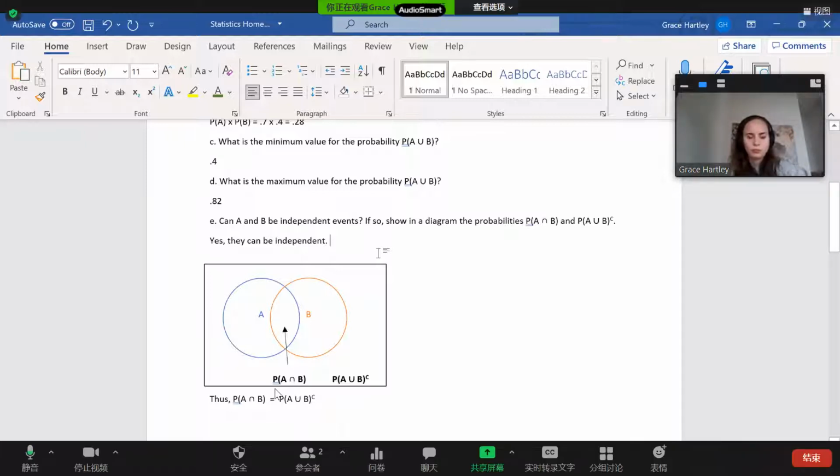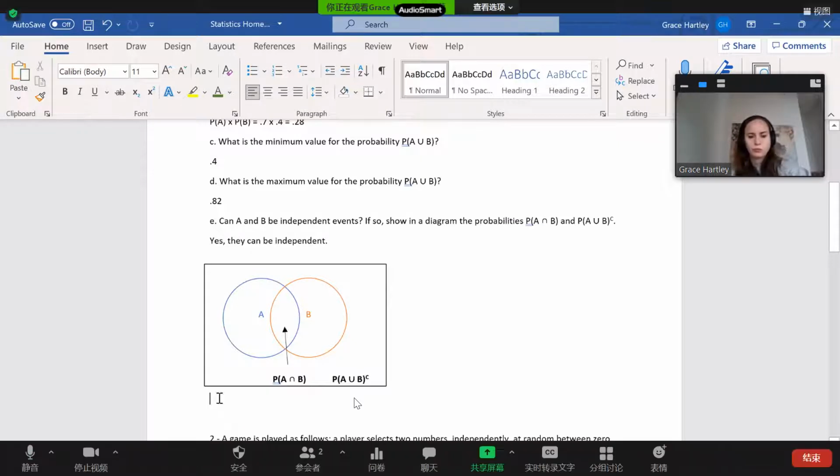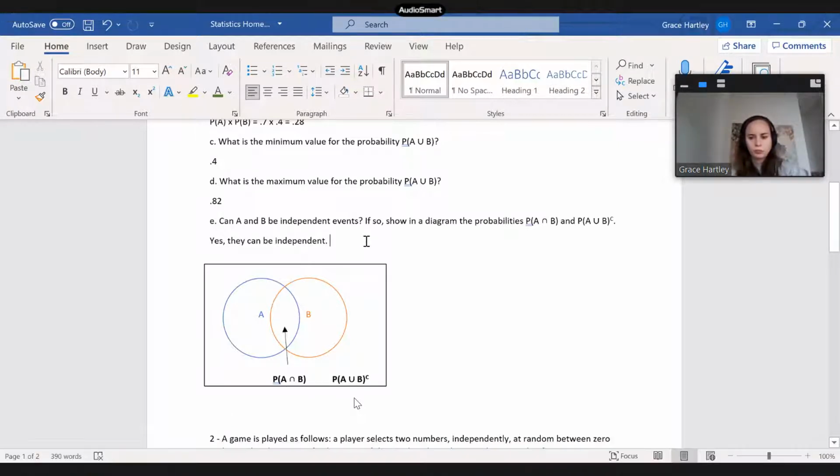So you know what is A intersect B, and how to calculate the A union B complement. You have to use some probability formula to play around.